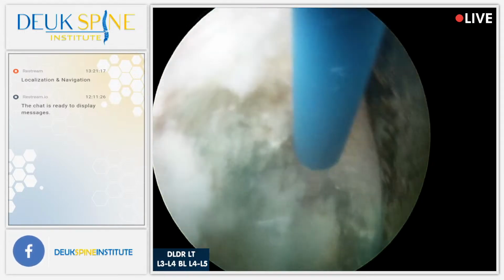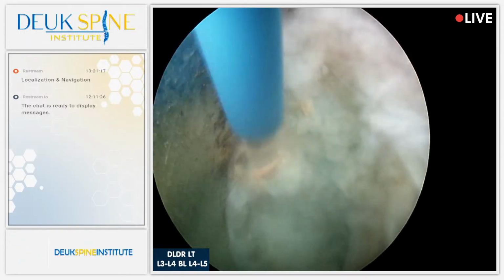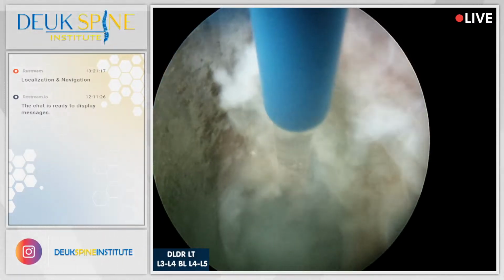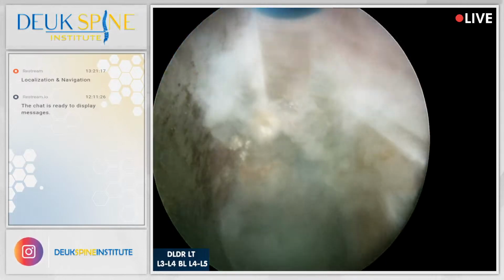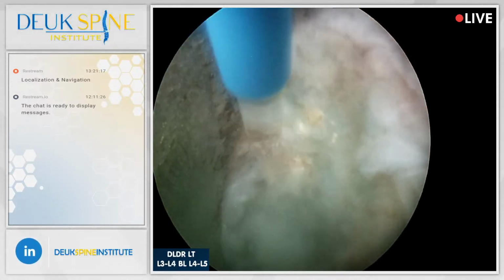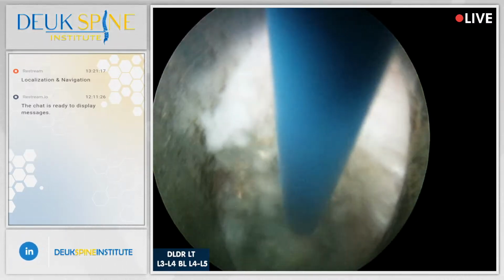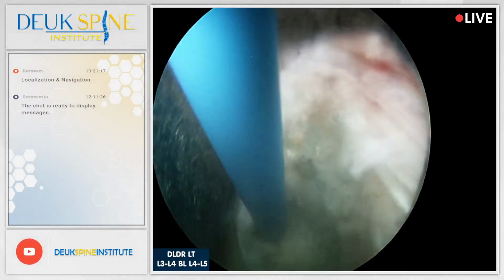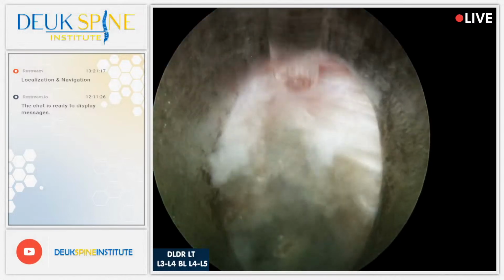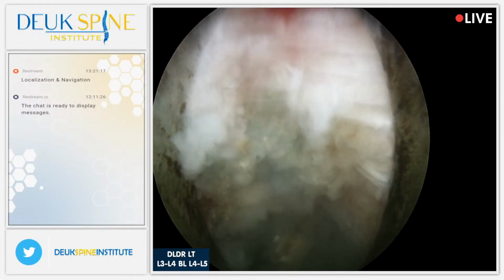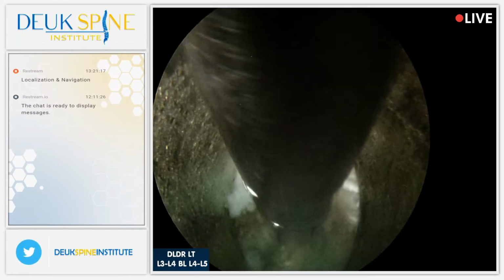Interposed means between. Something that's interposed means it's between. So when you go to bed at night and you're laying there in your sheets, your body is interposed between the sheets. If you have a peanut butter and jelly sandwich, the peanut butter and jelly are interposed between the bread, right?